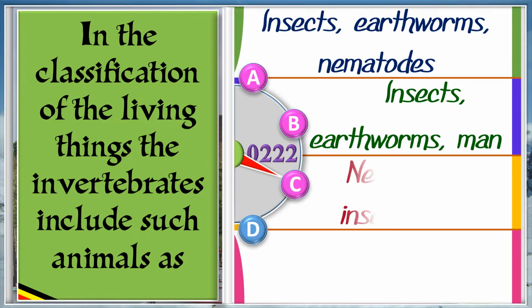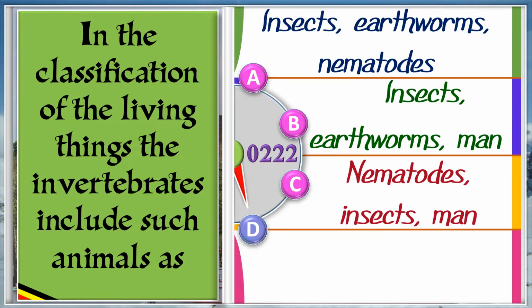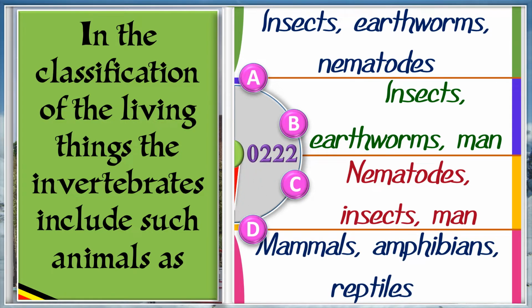C. Nematodes, insects, man. D. Mammals, amphibians, reptiles. And the answer is A. Insects, earthworms, and nematodes.